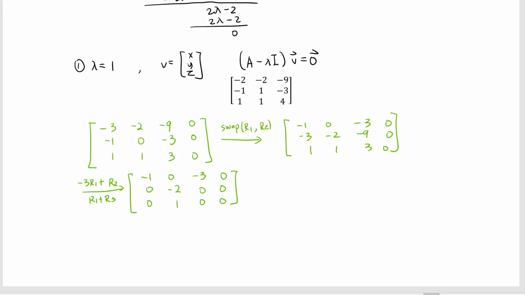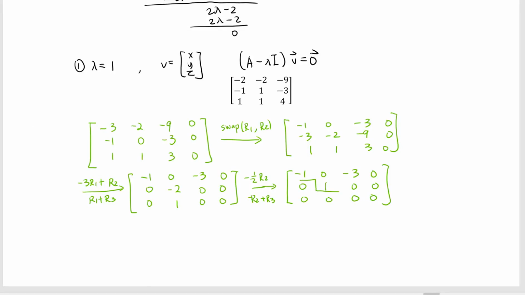Okay, you can see the second row is a multiple of the third row. So we get negative 1, 0, negative 3, 0, 0, 1, 0, 0. What we're doing is dividing R2 by 2, and then subtracting R2 from R3. Okay, so here we have 2 steps.